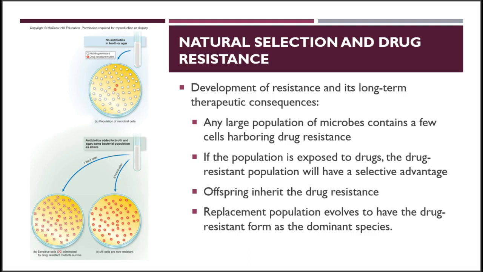And this is typical for many populations of microorganisms. There will be colonies or individual organisms within that population that are going to possess natural resistance to a particular antimicrobial.